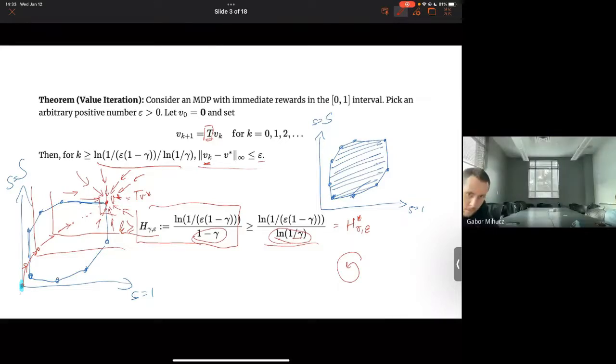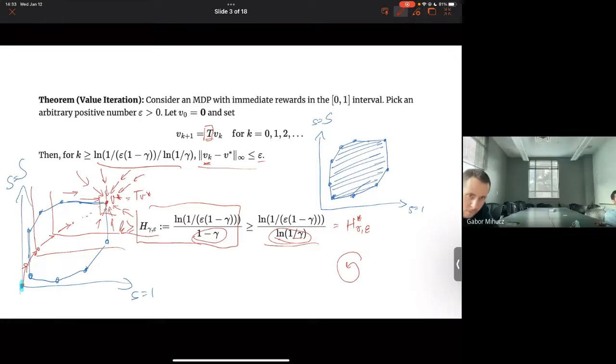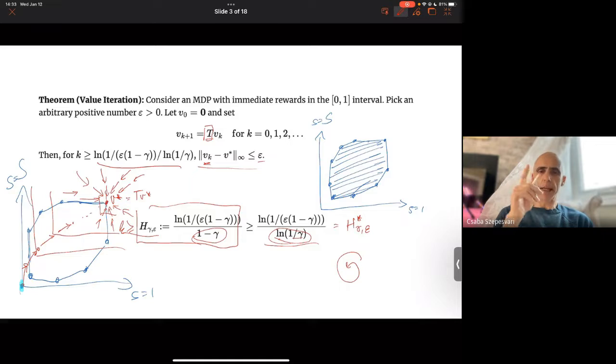You said geometric convergence, and I thought maybe these are... Geometric just means that the errors are reduced by a constant factor, which happens to be gamma. I didn't mean anything else by it. Okay, I was trying to understand. Important point: I can use words in ways that you don't expect, so be brave like Alex and ask clarifying questions, because I might say geometric convergence and I never defined it.